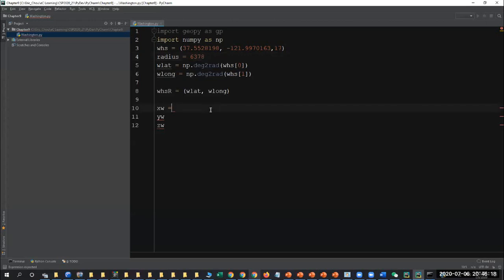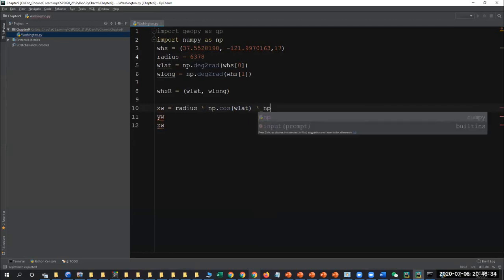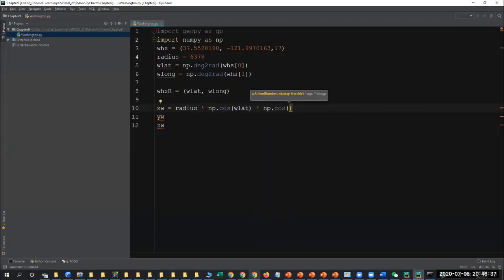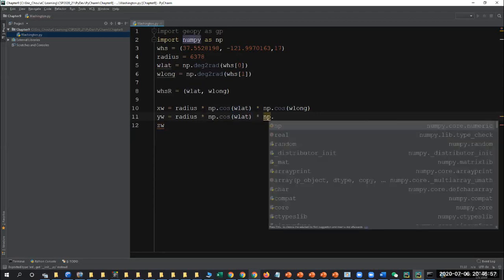So my radius times numpy cosine of W latitude, times numpy cosine of longitude. The purpose of this is to help you with some calculation.